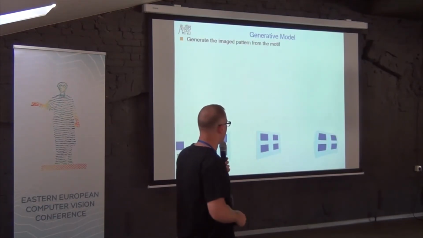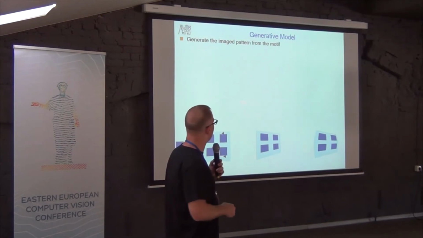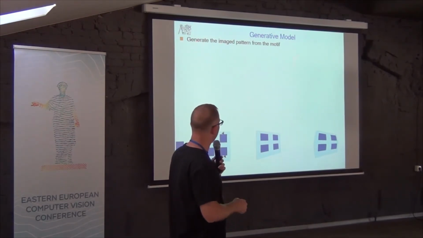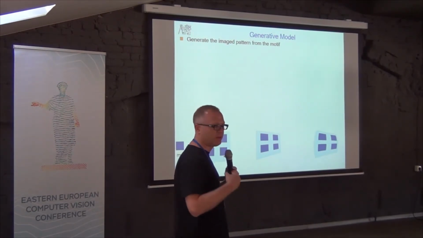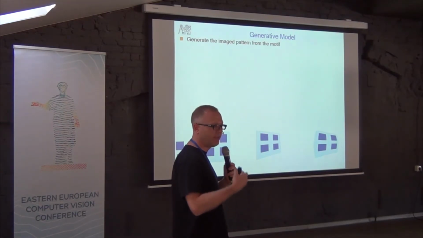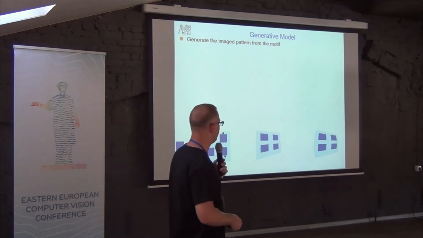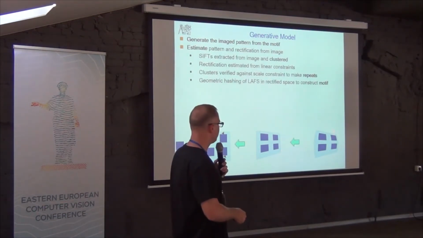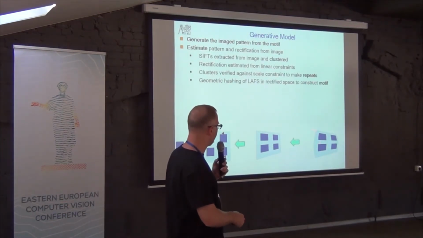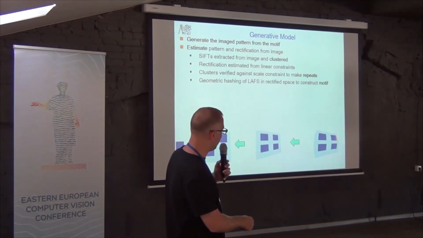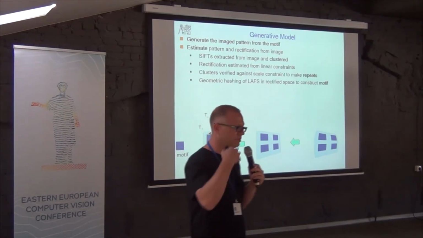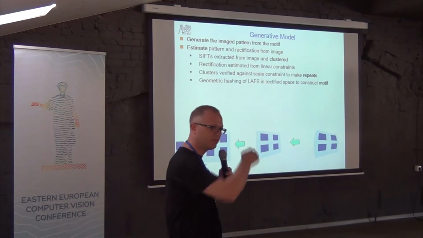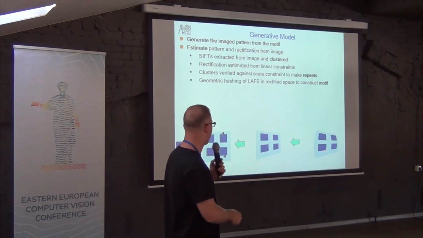So what is a generative model? As I showed before, we want to generate some image pattern. Basically, we want to print a pattern in this rectified space. We start off with some distorted image. Here I emphasize the lens distortion, but we start off with some image of a scene plane, as we did at the beginning of the presentation, and we go backwards.